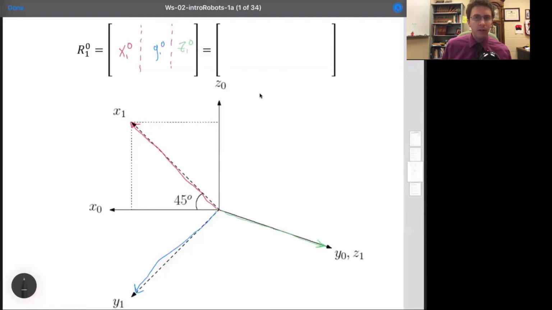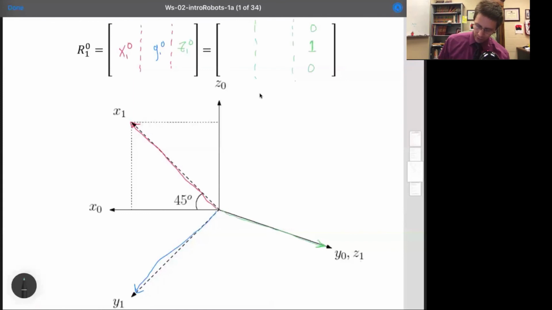And so always go for the easiest one first. I'm going to go ahead and put my breakpoints in here. And the easiest one is that I know that z1 is collinear with y0. And so that means it has 0 component in x0 and 0 component in z0, which means since it's unit magnitude, everything is in this thing. It's pointed along there.